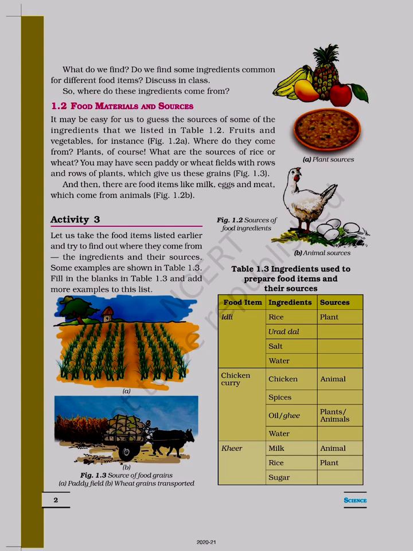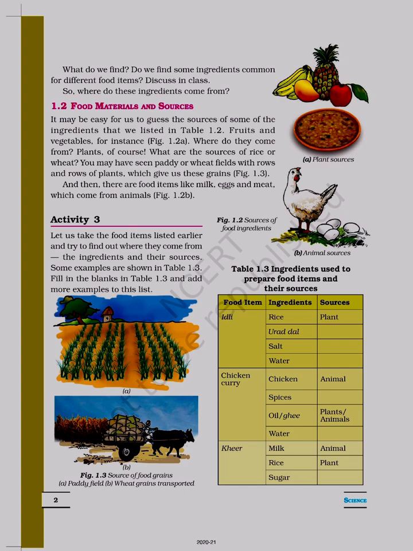Plants, of course. What are the sources of rice or wheat? You may have seen paddy or wheat fields with rows and rows of plants, which give us these grains. And then there are food items like milk, eggs, and meat, which come from animals.